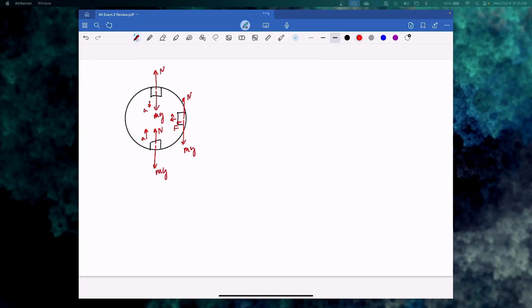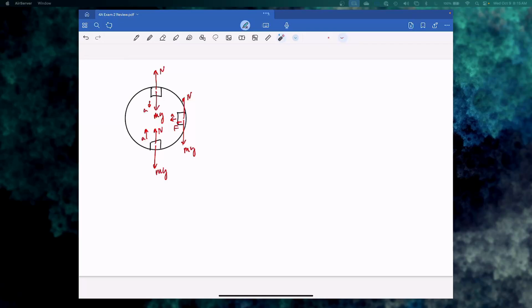All right, so let's just look at the top and the bottom. Since the acceleration is pointed up, when the person's at the bottom, which of those two forces has to be bigger, normal or weight? The normal force. Why?